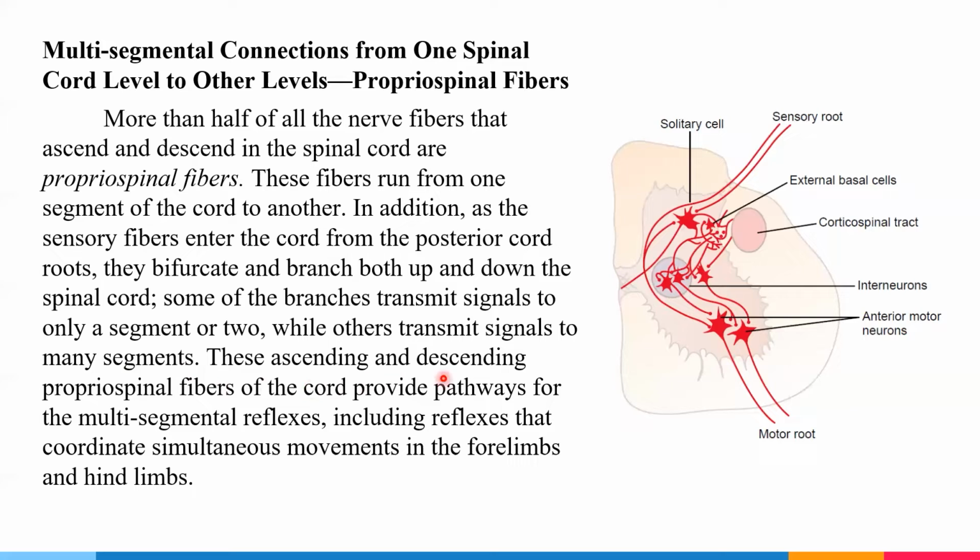These ascending and descending propriospinal fibers of the cord provide pathways for the multi-segmental reflexes, including reflexes that coordinate simultaneous movements in the forelimbs and the hindlimbs.